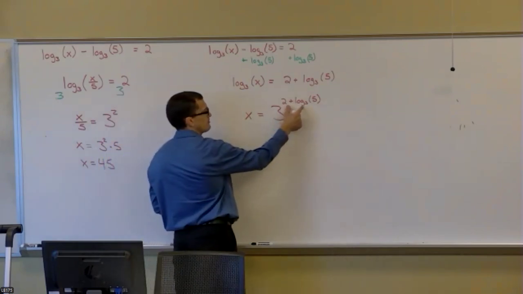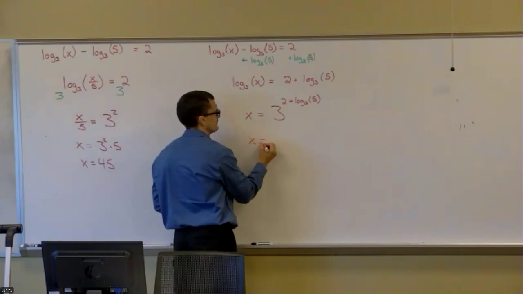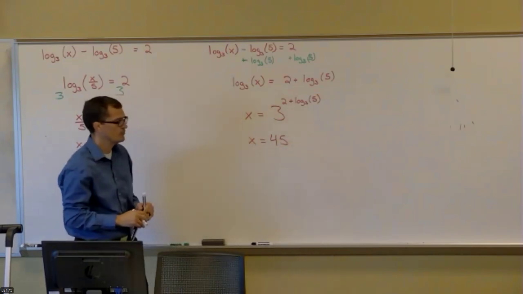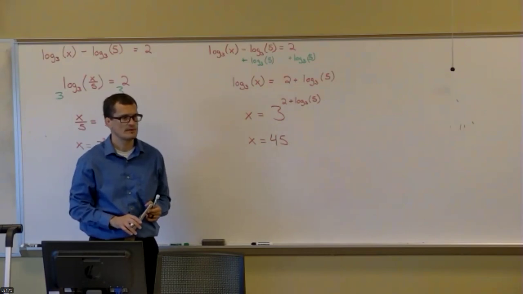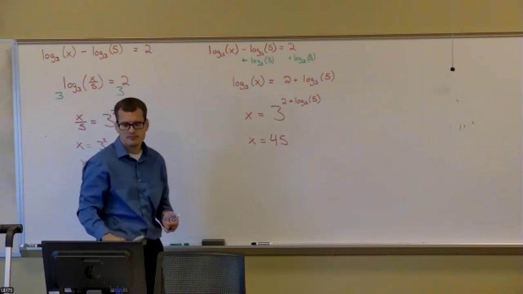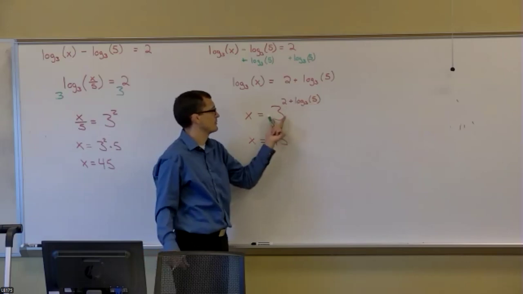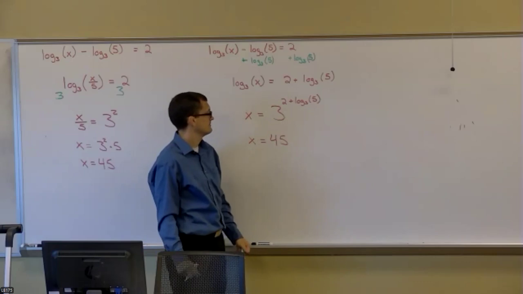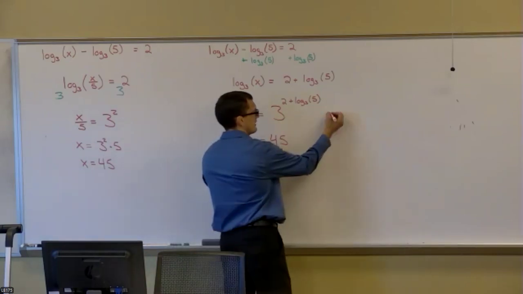Sometimes it's hard for people to plug that into the calculator. Sometimes it's not. But you get 45 that way too. Okay. By the way, we're taking 3, raising it to an irrational number power, and we're getting a nice whole number. You know why that is?